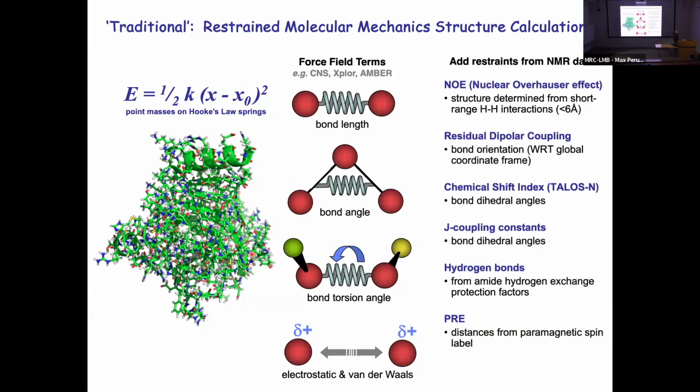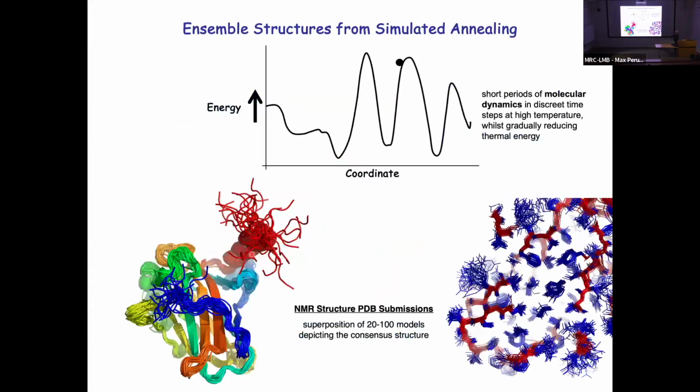So from these NOEs, as we said, from the RDCs, we can use chemical shifts to give us an idea about constraints for modeling, and these PREs, these paramagnetic relaxation enhancement spin labels that we were saying about. And you throw all of that into your molecular mechanics algorithm. The idea is, if we want to find the structure of the protein, ideally it will be the minimum energy point along the coordinate.